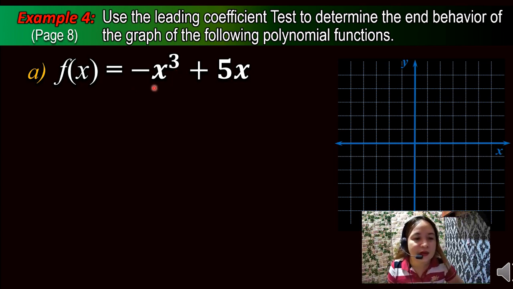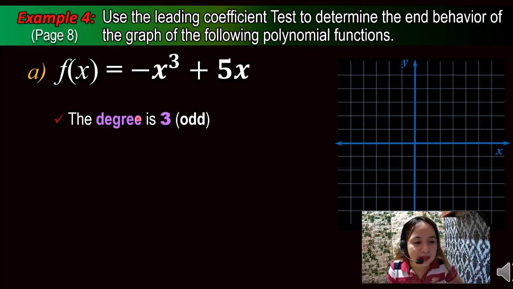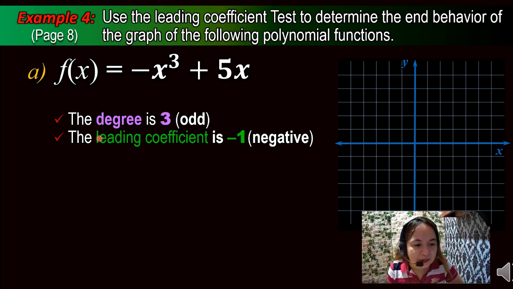So, ano ngayon yung n? Ano yung n natin? So, ang degree ay 3, di ba? 3 yung degree niya. So, ibig sabihin, since the degree is 3, so it is an odd number. So, yung n niya ngayon ay odd number. Tapos, yung leading coefficient niya ay negative 1. So, anong napansin nyo doon?